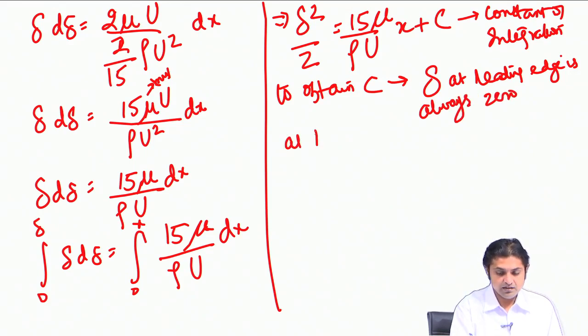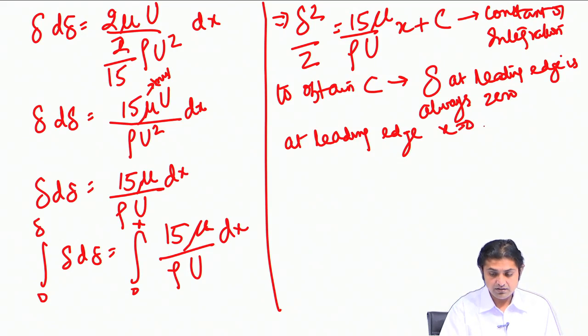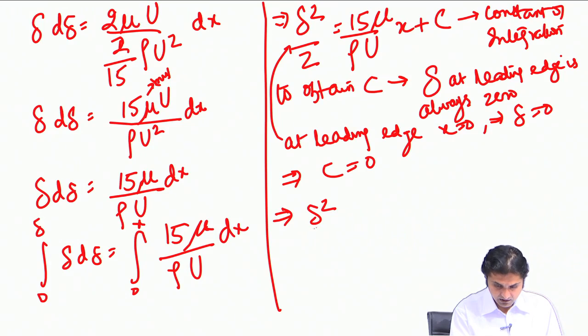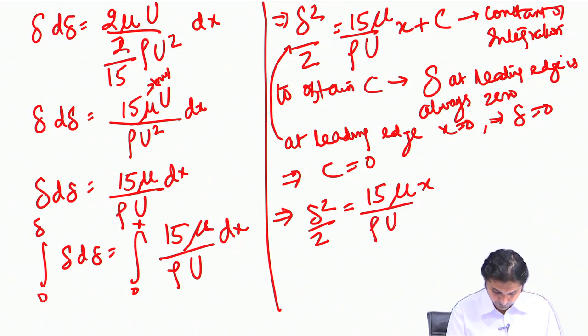So at the leading edge x is 0, and here delta is also 0. If we substitute this in this equation, we get c is equal to 0. Therefore we can simply say boundary layer thickness delta square by 2 is equal to 15 mu times x by rho U.